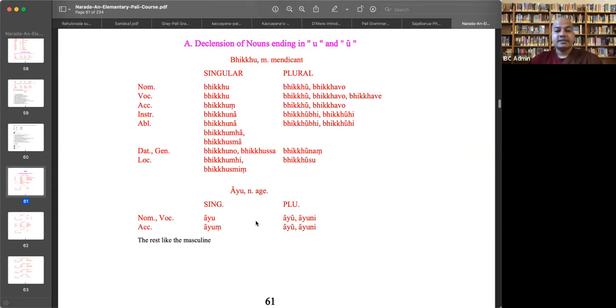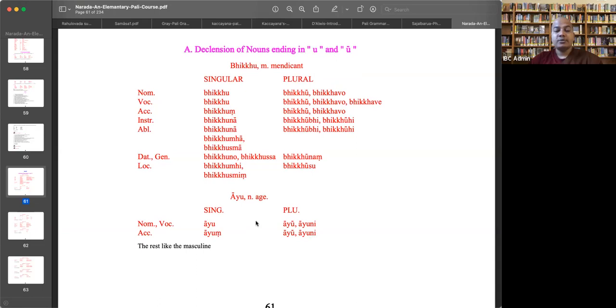And the neuter gender noun ayu, if you read through this: ayu, ayu, ayuni. Ayung, ayu, ayuni. And then look at this note here. It says the rest like the masculine.